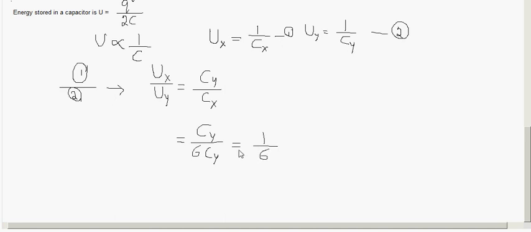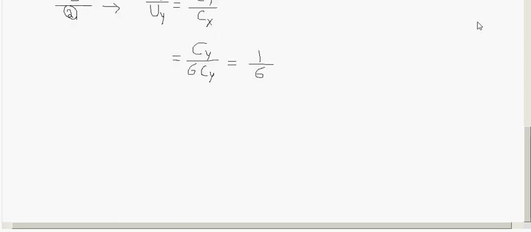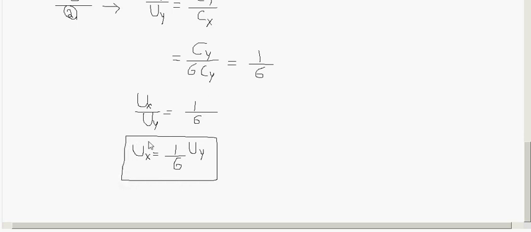So Ux by Uy is 1 by 6, or Ux is 1 by 6 Uy.